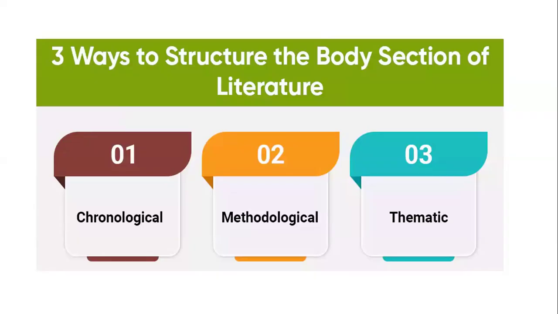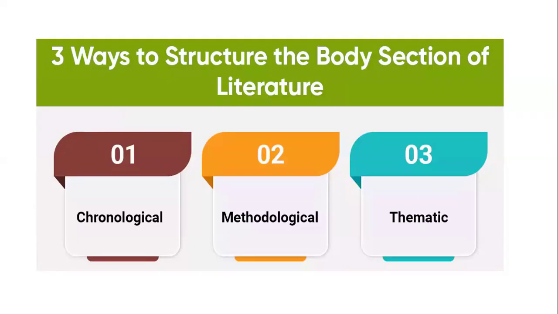For example, a literature review on climate change might have themes like causes of climate change, impacts of climate change. You can add mitigation strategies as well. This is the thematic structure, or you can say thematic body section of literature review.